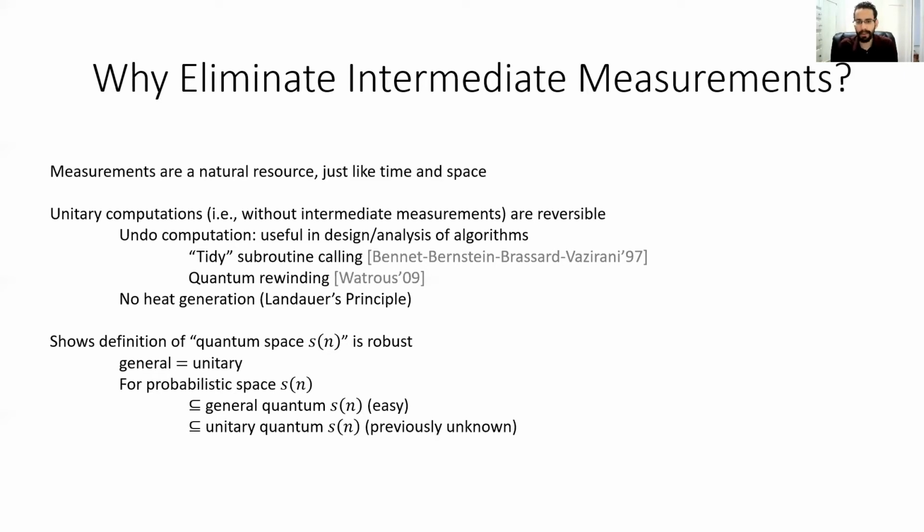On the other hand, before our result, it was unknown whether or not probabilistic space was contained in unitary quantum space, which was a rather peculiar state of affairs, as quantum computation should generalize probabilistic computation. Of course, as we can now show that unitary quantum space and general quantum space are equivalent, we immediately conclude that probabilistic space is contained in unitary quantum space, as we would expect.